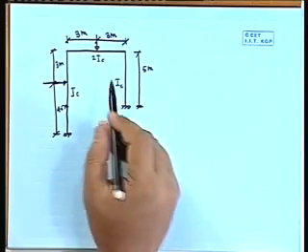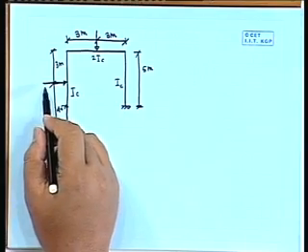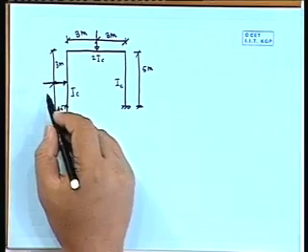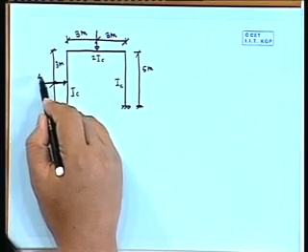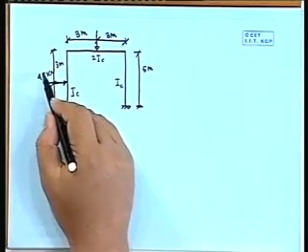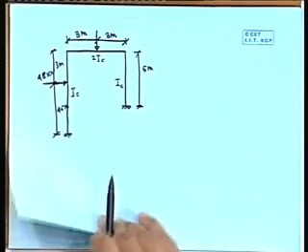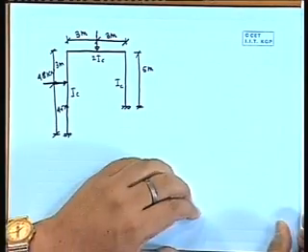Now the load we have taken, how much was this load? It was 48 kilonewton. The top load was 96 kilonewton.